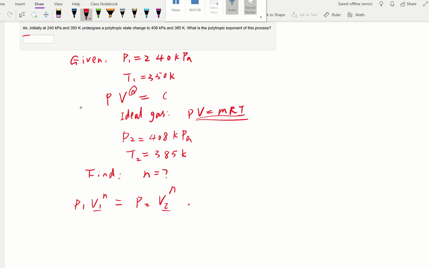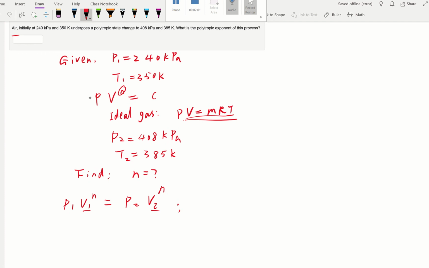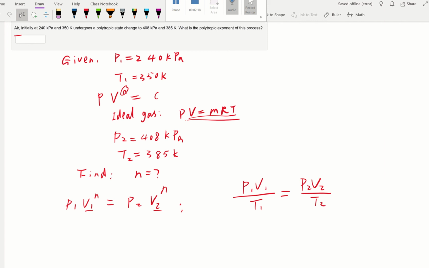So let's put this on hold. Let's look at the ideal gas equation. P1 V1 over T1 is going to be equal to P2 V2 over T2, right? This is another expression of the ideal gas equation for relating two states.